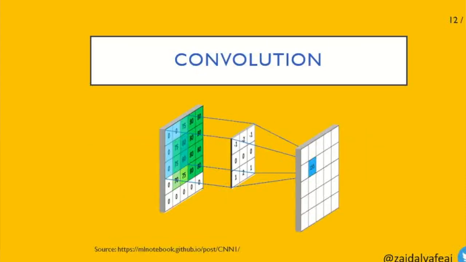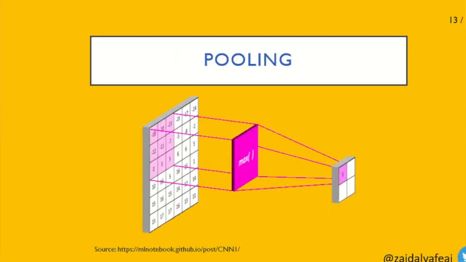The problem with this is that this operation is really expensive, and you need to reduce it as you go deeper in the network. To do that, we use what we call a pooling layer. A pooling layer will reduce the spatial size of the image. For instance, here we have a 6x6 image, and it will reduce it to a 2x2 image.